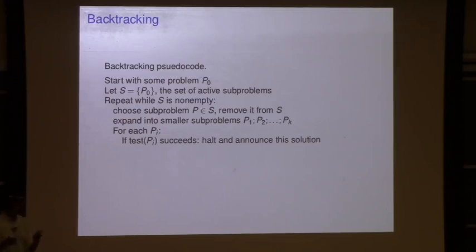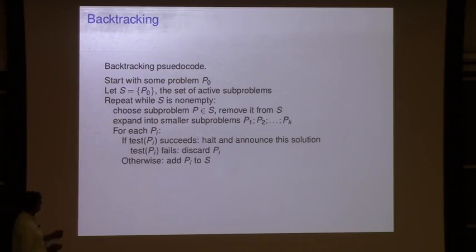If you have an X and an X bar, then that would also tell you it's false. Test a Pi, if it fails, you discard the problem. Otherwise, add Pi to S. So you could either say you're done by saying yes, it's a solution, or you're done saying no, this is a proof that this problem can't be finished, and then you add it to S. And then finally you announce there is no solution.